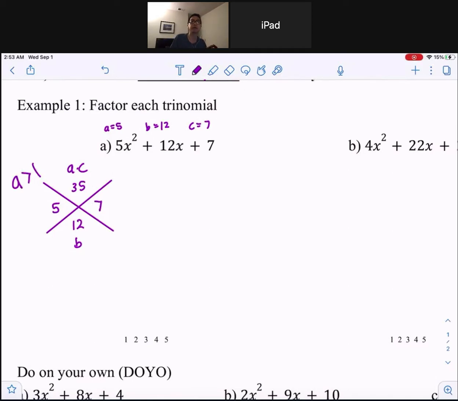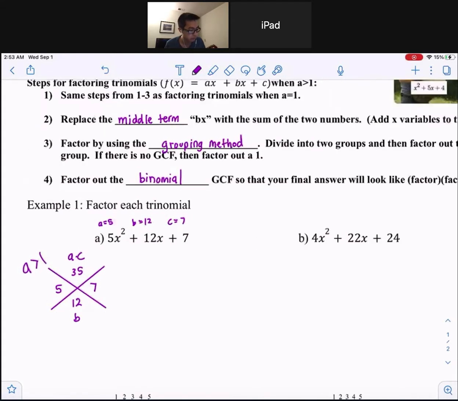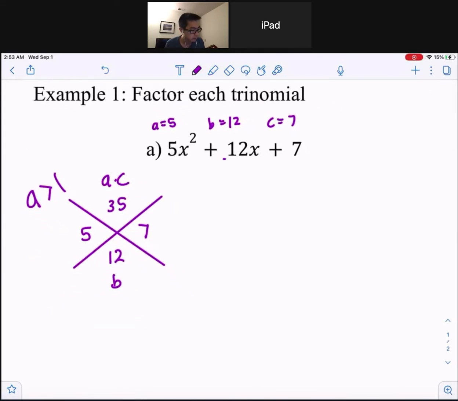So when it's greater than 1, then that means you have to do the factoring for a greater than 1. And these are the new steps that we are going to be following, right? So, right here, you guys, it says replace the middle term, which is the bx, with the sum of the 2 numbers. Add x variables to the 2 numbers. So, this is our bx, right? So we're going to split that off into the 2 numbers that we just found.